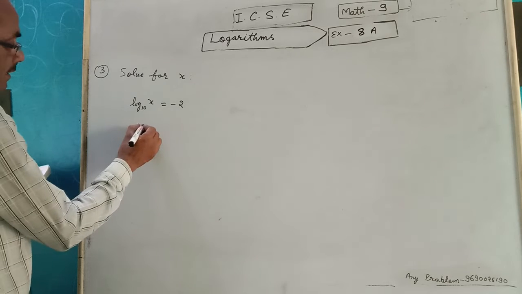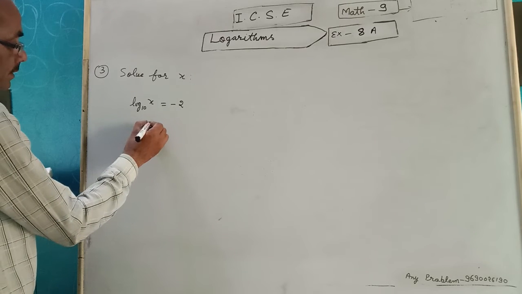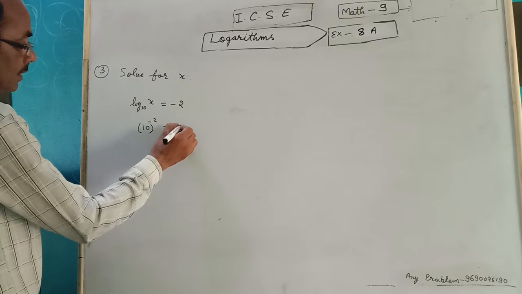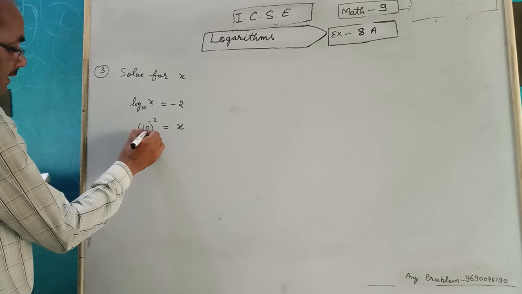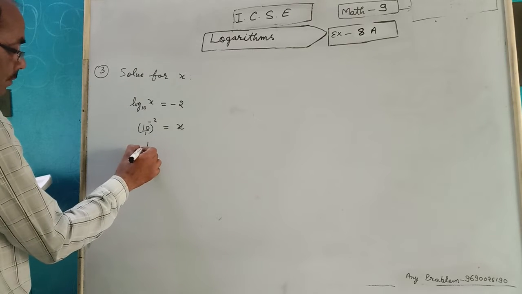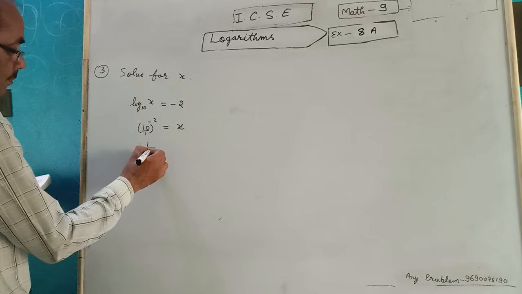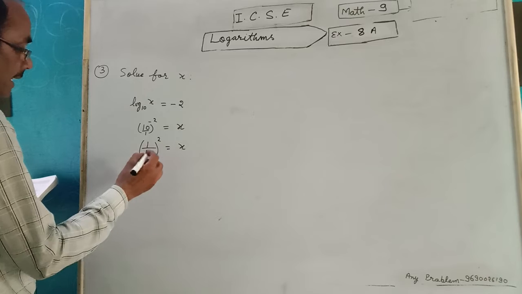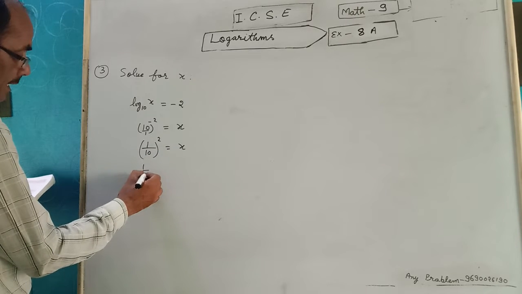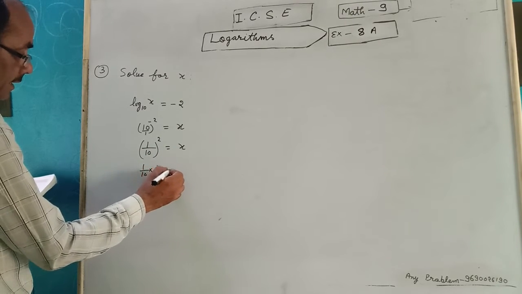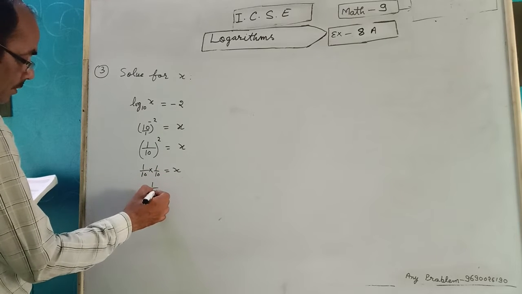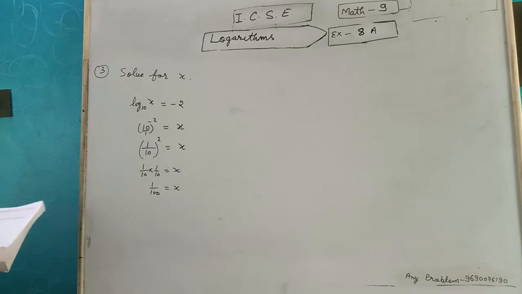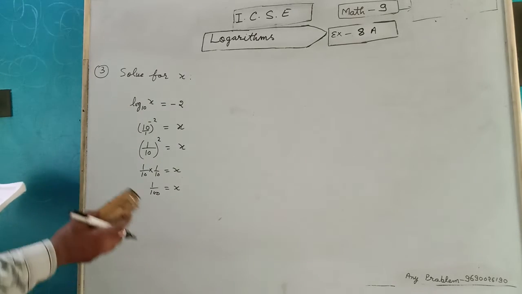Write the exponential form: 10 as power minus 2 is equal to x. Change into positive form, 1/10 will be x. 1/10 into 1/10 is equal to x. 1/100 is equal to x. X value is 1/100.